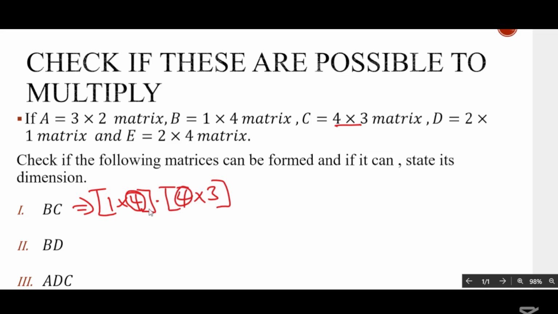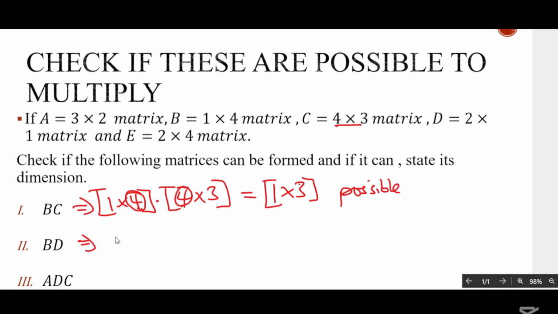Since these two are the same, it means that we are going to have a 1 by 3 matrix, which is possible to be multiplied. So when the number of columns is equal to the number of rows of the second or subsequent matrix, then it is possible to be multiplied.